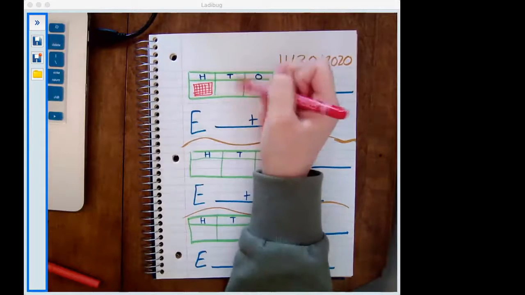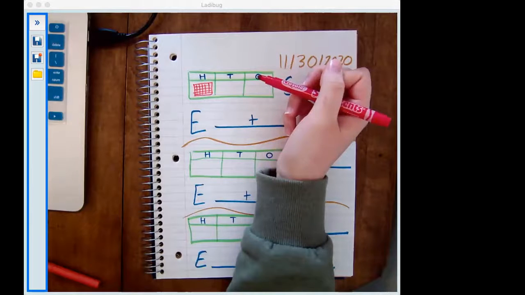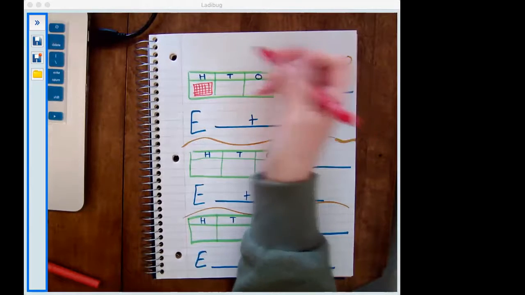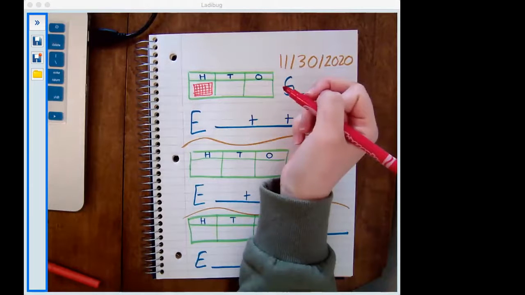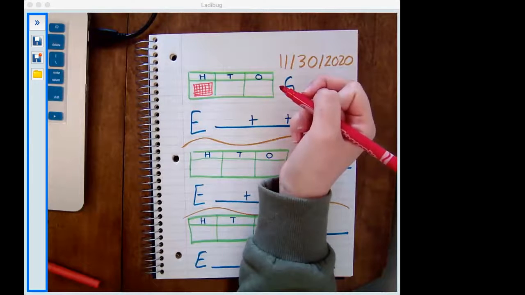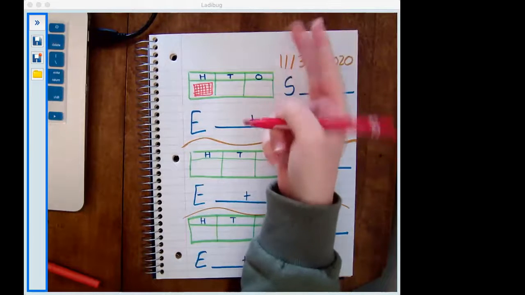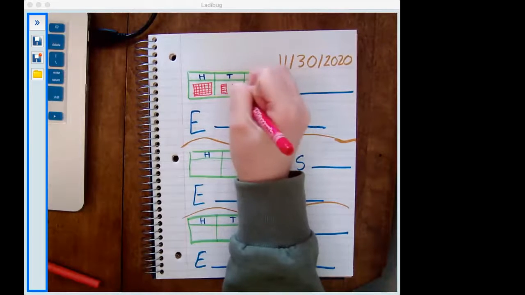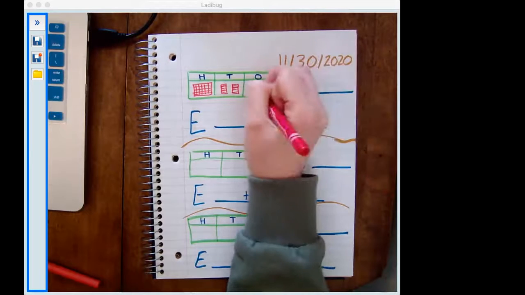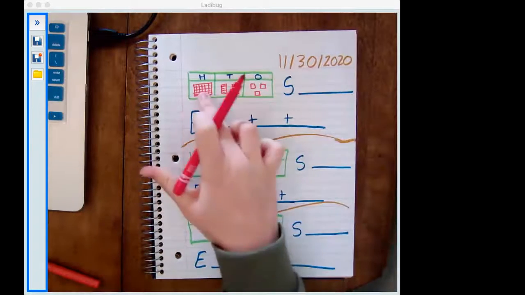And then for the tens, 20. So I know that's going to be 2, 10, 20. So that's 2 tens blocks. And then 3. So 3 is how many ones? So that's your number, 123.